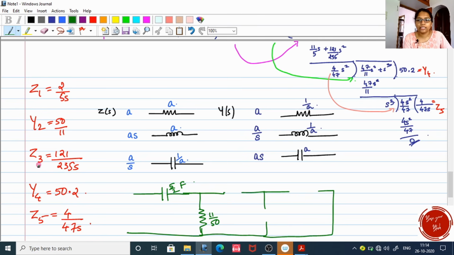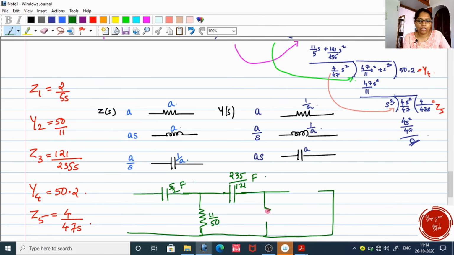And next is a z function, that is z here is of the form a by s, isn't it? Yes. So the a value is 121 by 235, but take the reciprocal and write the value for the capacitor, that is 235 by 121 farad. Fourth one is from the y table, it's simply a number 50.2.